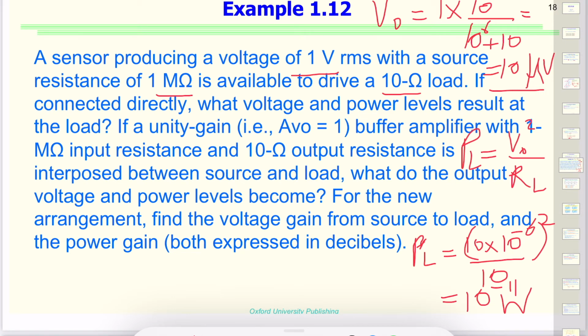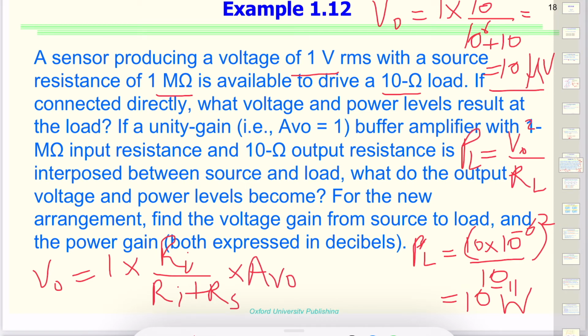So V naught equals 1 volt times how much of that is showing on the input, which is Ri over Rs, times the open circuit gain, times how much is showing on the output across RL. So we plug in the values.